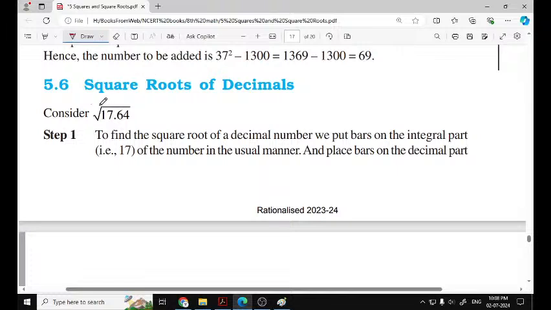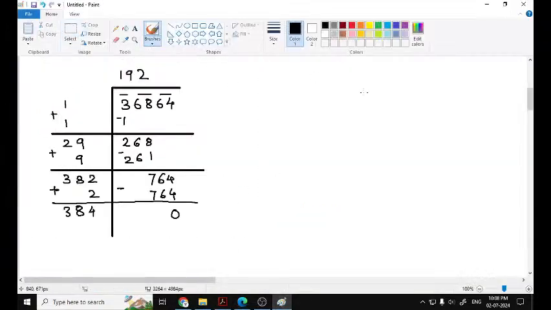Let us try to find out square root of a number which has a decimal point, 17.64. Now in these numbers we start making periods from the place of the decimal point. This is the decimal point. Start from this digit, form the periods, again come to the decimal point and form the period on the left hand side.